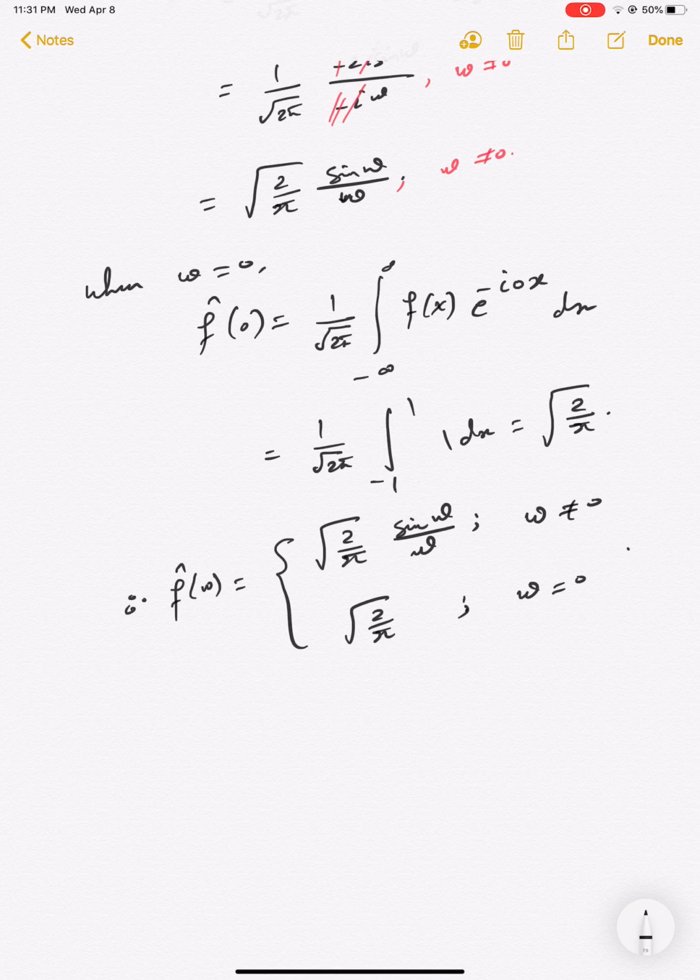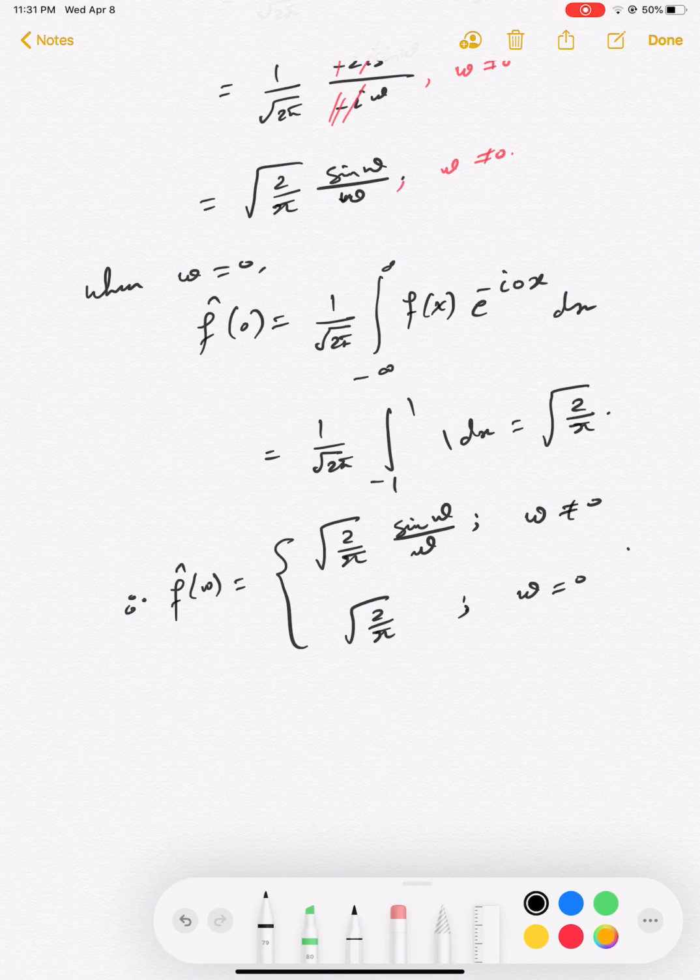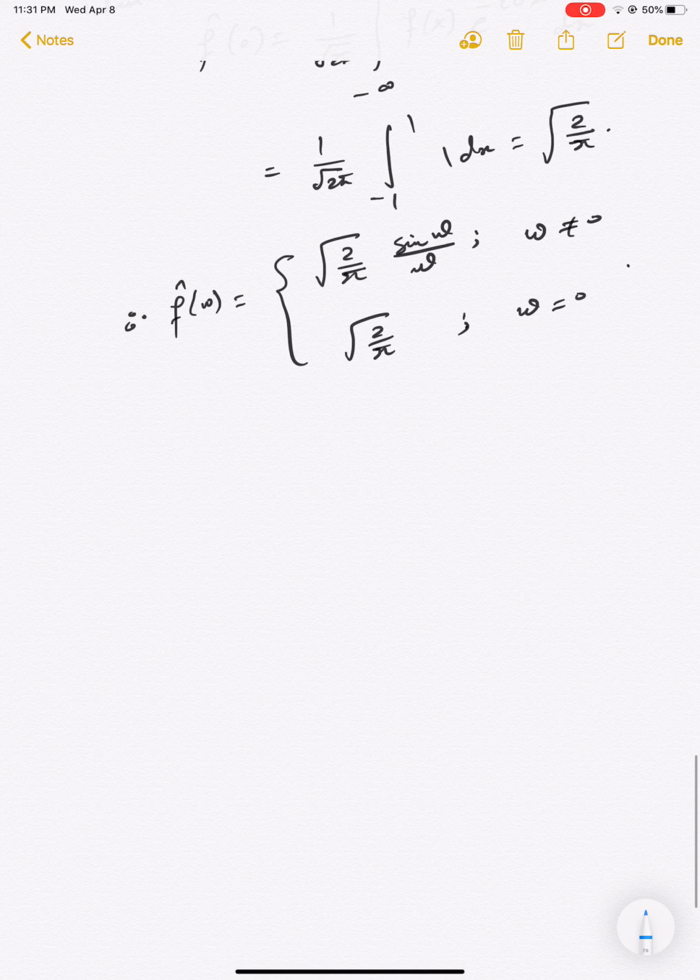Now the idea in this particular example and in many other examples, we will have a comment here.